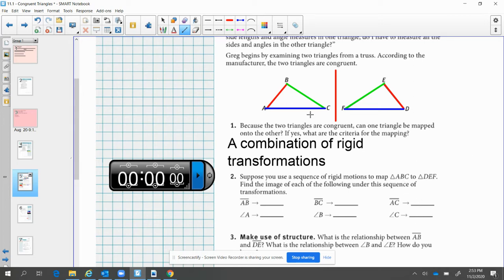And same idea then also with our angles. We can line up angle A with angle D, angle C and angle F, and angle B and angle E. So we see this down below when we're lining these up.